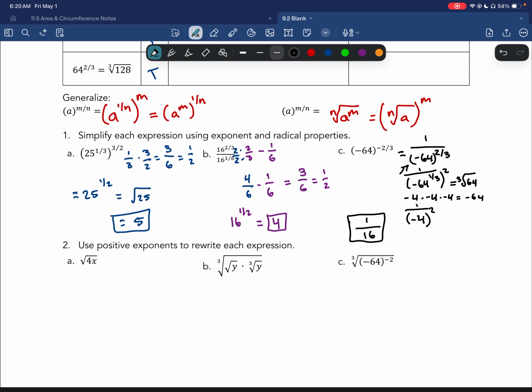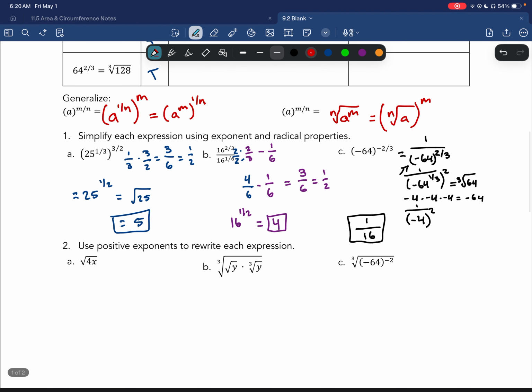Question 2, use positive exponents to rewrite each expression. So first things first, we're going to split this up. Because they're both being square rooted, I'm going to split this into the square root of 4 and the square root of x, because we can do different things with them.